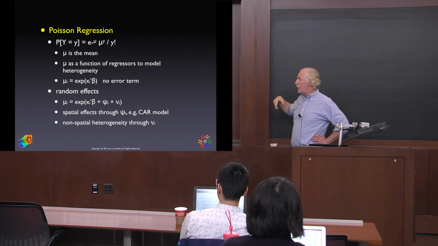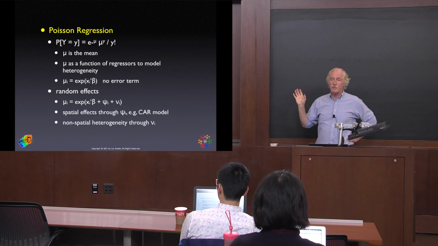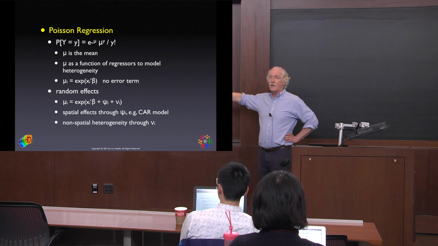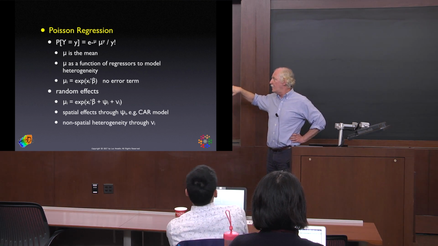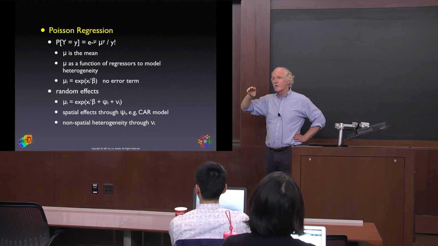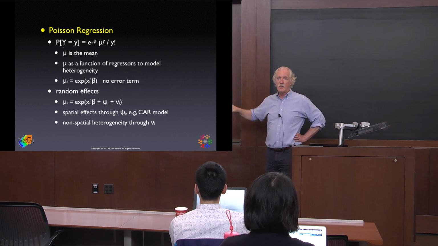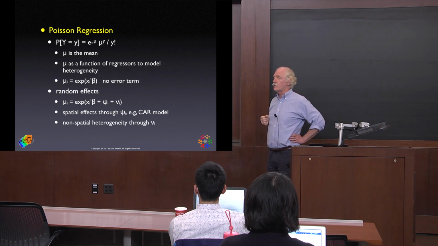Now, if you think of it as a random effects exercise, then we can do all kinds of fun stuff, right? So now it's not just x beta anymore, which is the mean, but now we say that this intensity also has additional unobserved heterogeneity, which we put in one of these random effects, and then it also has spatial autocorrelation, which we put in the other one.